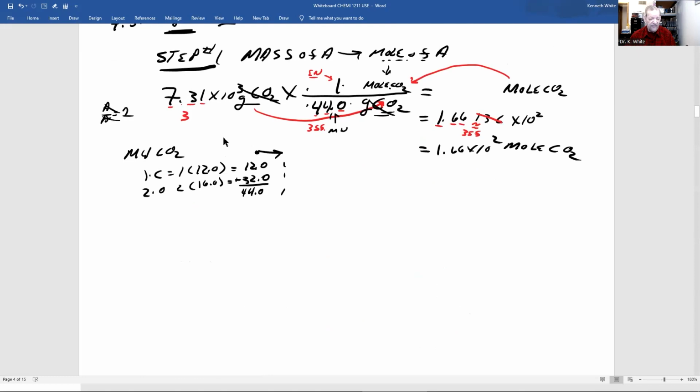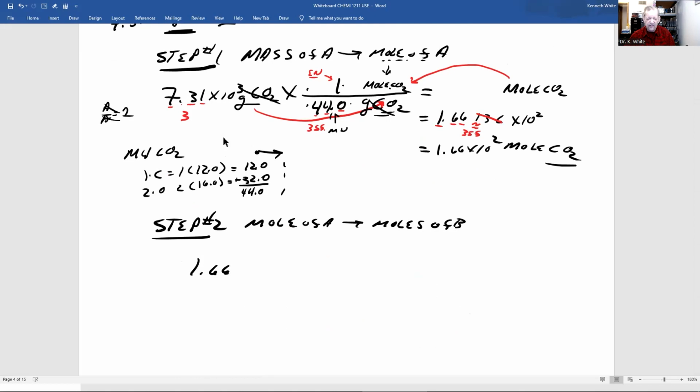So we now have to do step number 2, and that's moles of A to convert to moles of B. Now, A is what we just calculated, 1.66 times 10 squared moles CO2.